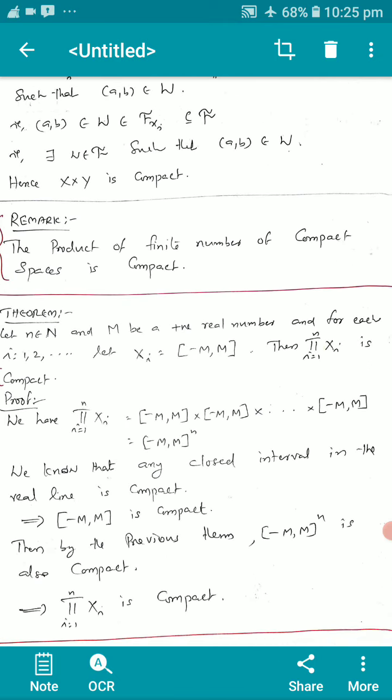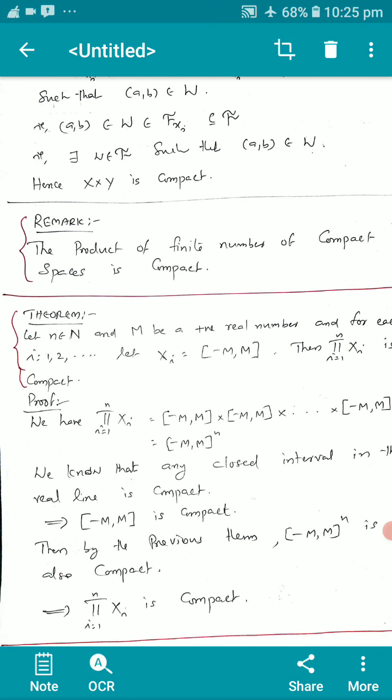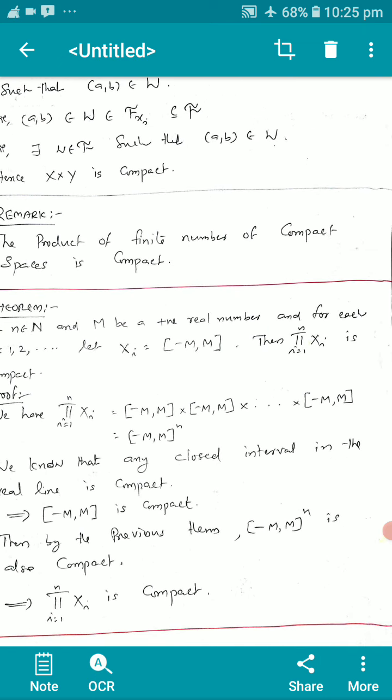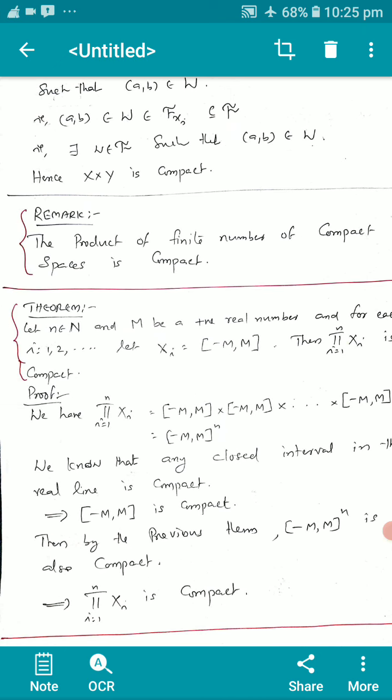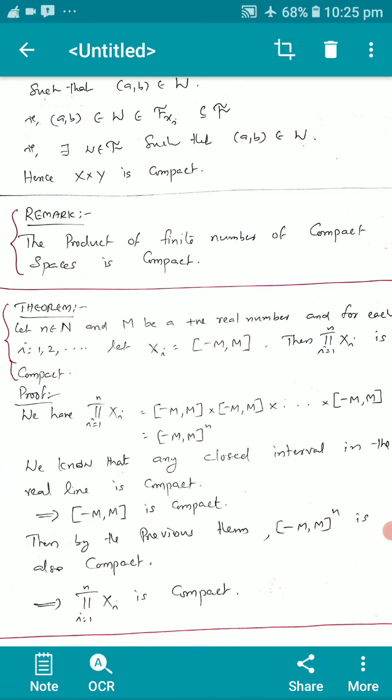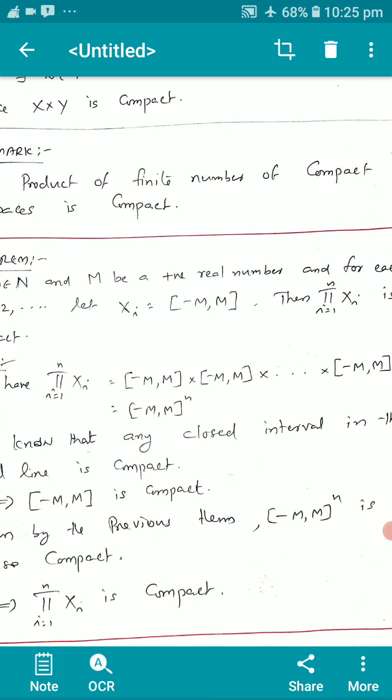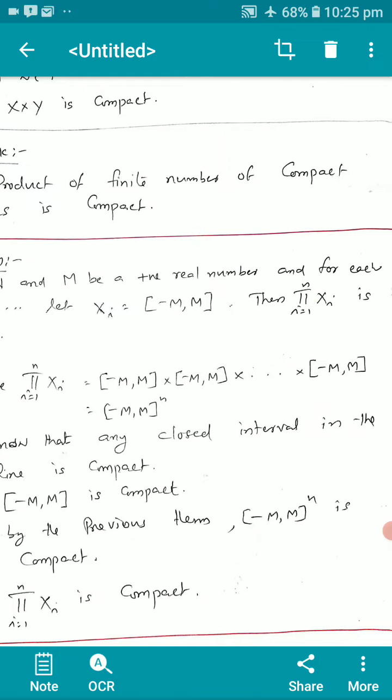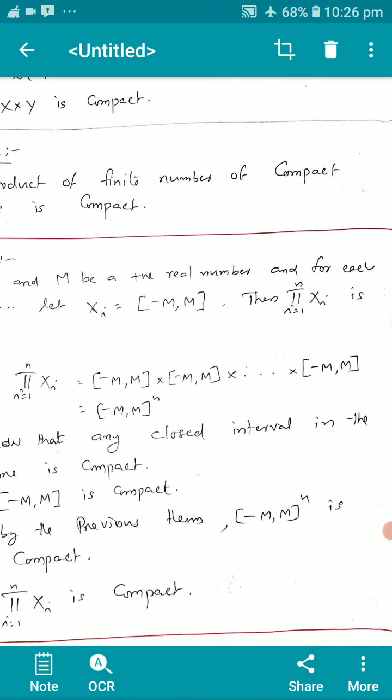let n ∈ N and let M be a positive real number, and for each i equal to 1 to n, let X_i be the closed interval [-M, M]. Then the product space ΠX_i is compact. Proof: we have X_i equal to the closed interval [-M, M], and in ΠX_i we are taking the product n times, that is, ΠX_i, where i varies from 1 to n, is [-M, M] × [-M, M] × ... × [-M, M], that is, [-M, M]^n.